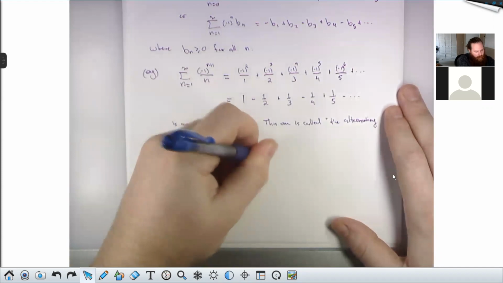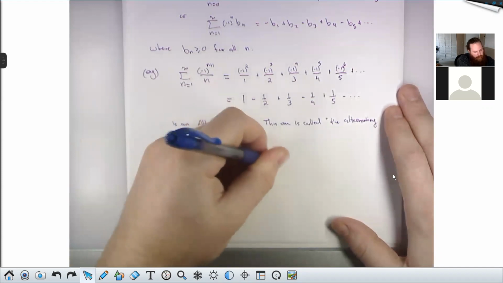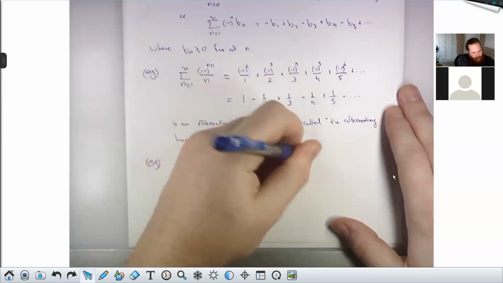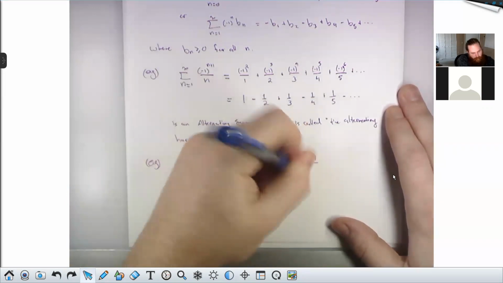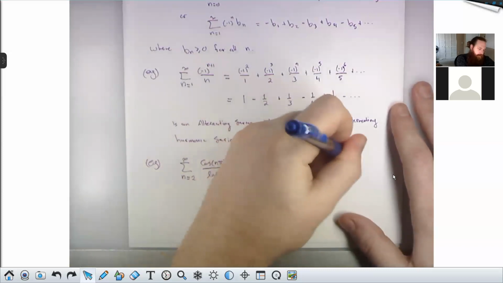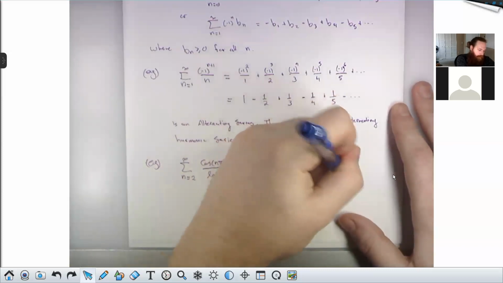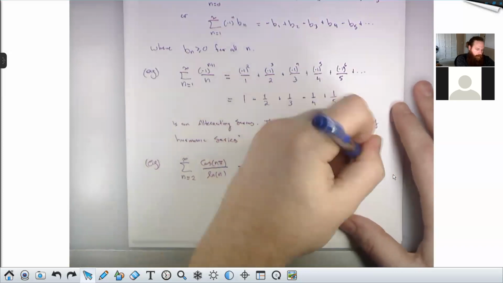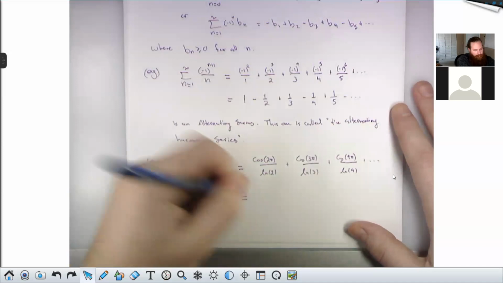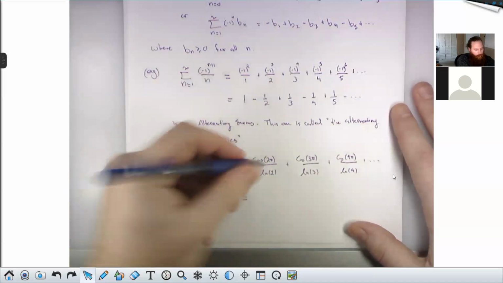That's cos 2 pi over log 2 plus cos 3 pi over log 3 plus cos 4 pi over log 4 and so on. But what is the cos of 2 pi? Cos of 2 pi is 1.